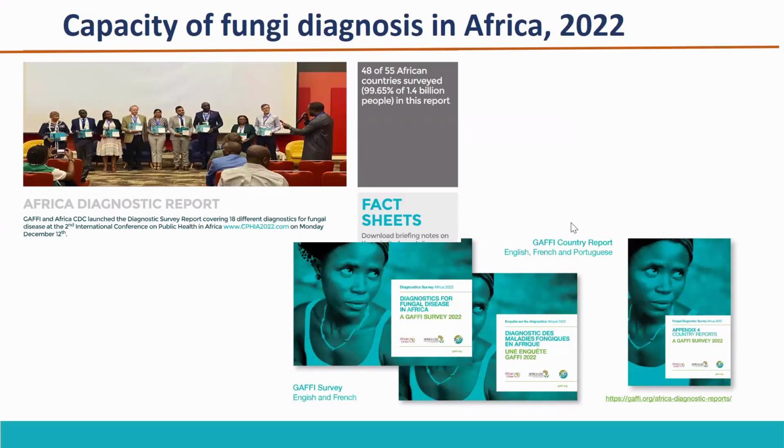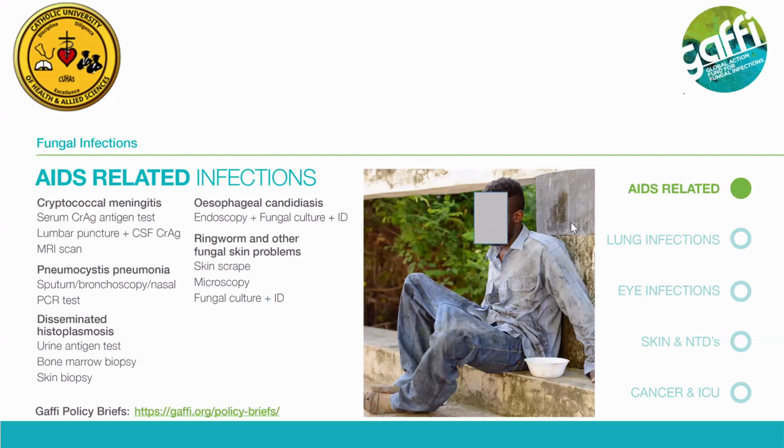So in the same year, 2022, we went ahead and looked at the capacity of our fungal diagnosis in Africa. So this was fungal infection, and we looked at the basic tests for fungal diagnosis. There's a very wide range of tests that can be conducted in the laboratory.